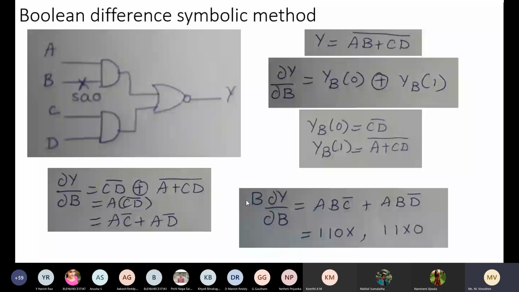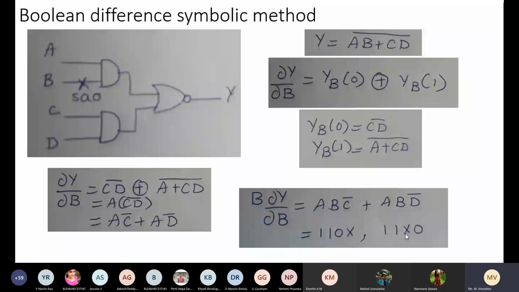Next, I need to get the test vector, the last step. A is normal form, 1. B normal form, 1. C bar, so 0. D is missing. Actually, in this circuit, there are 4 inputs, A, B, C, D. D is not here, so X. Another test vector: A is 1, B is 1, C is not there, X, D bar, so 0.